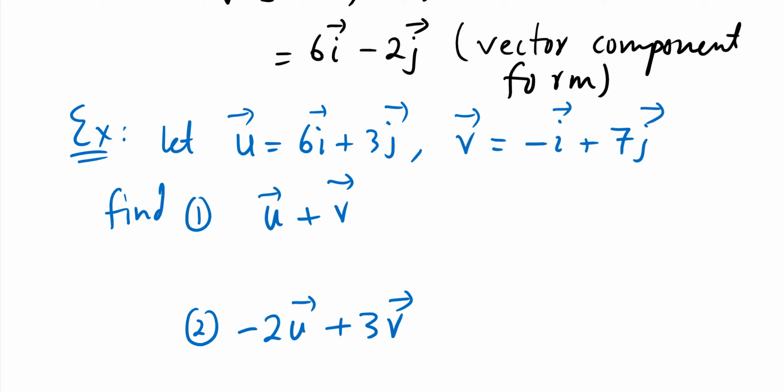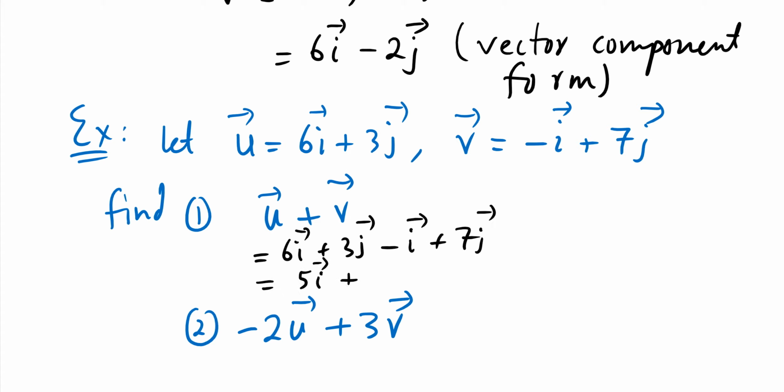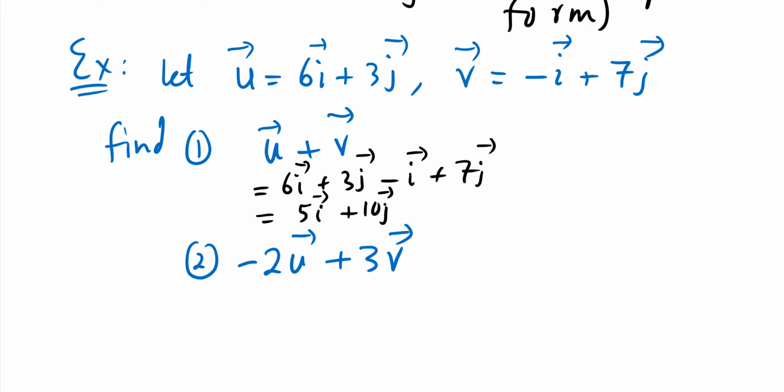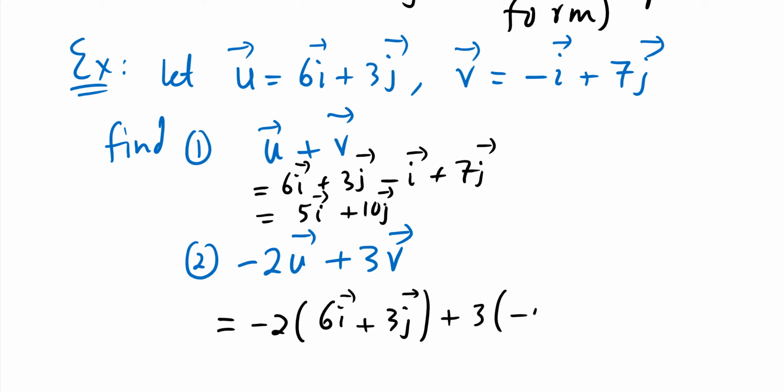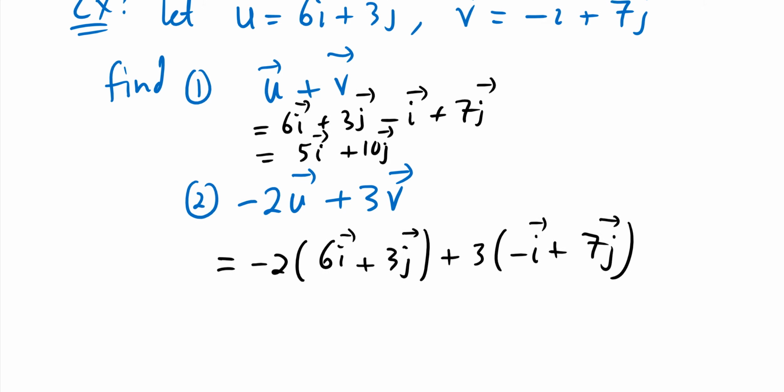So for u plus v, this is 6i plus 3j minus i plus 7j. So that gives us 5i plus 10j. For the next one, this is negative 2 times u, which is 6i plus 3j, plus 3 times negative i plus 7j. What does that give us?